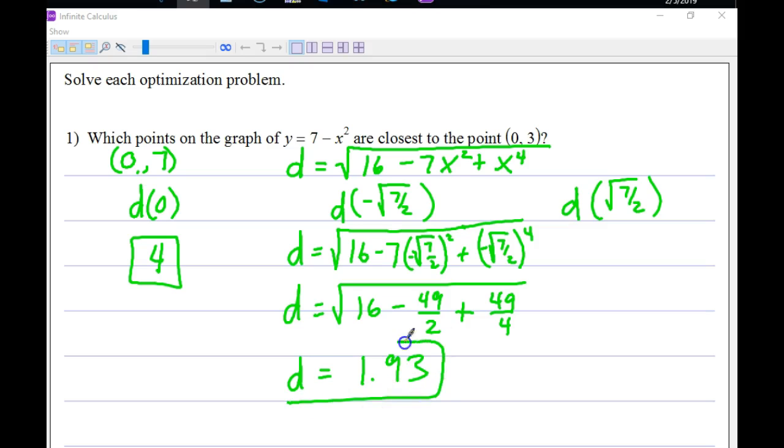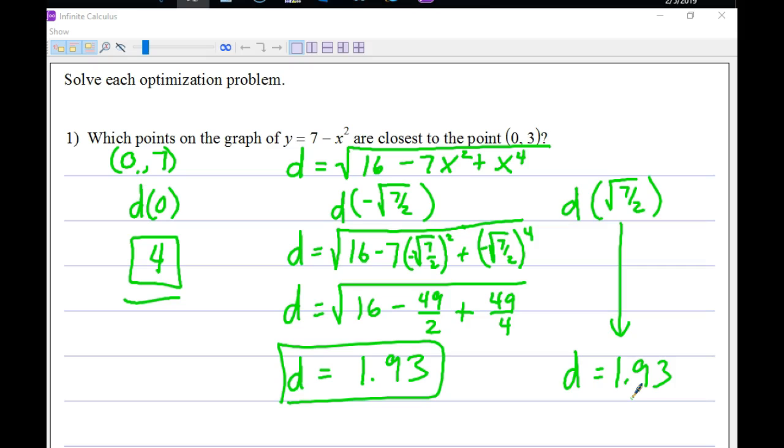So as you can see, this distance is closer than this distance. And this one over here, I can already tell you, just saving you the time, it's also going to be the same. The reason for that is because we're plugging in the same number, but it's positive. Whether it's positive or negative doesn't matter because we're raising them to even powers. So you're going to get the same thing.